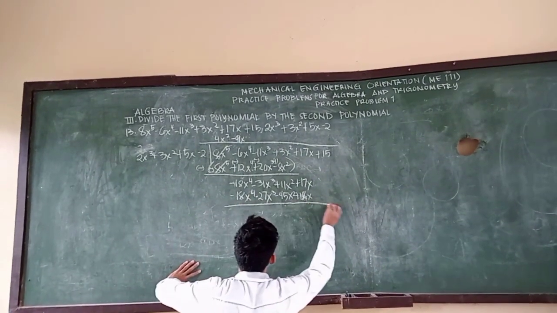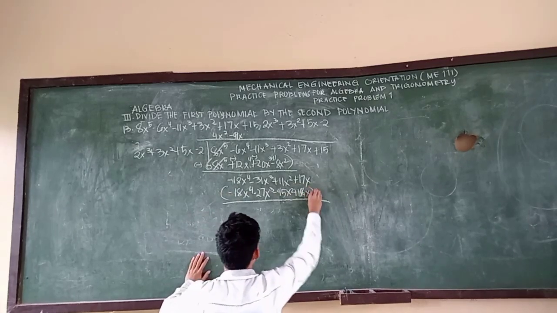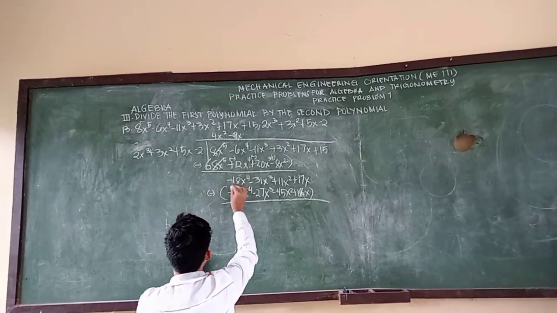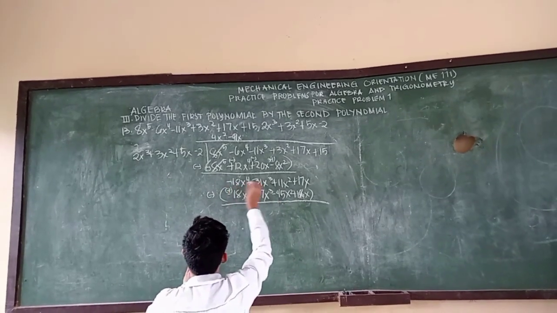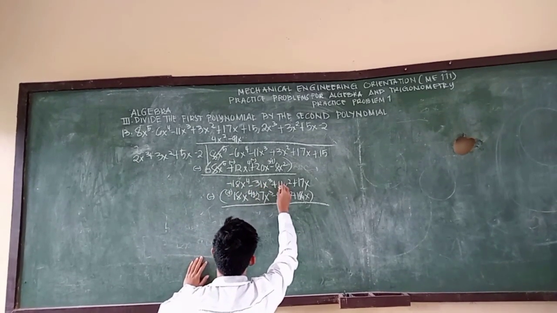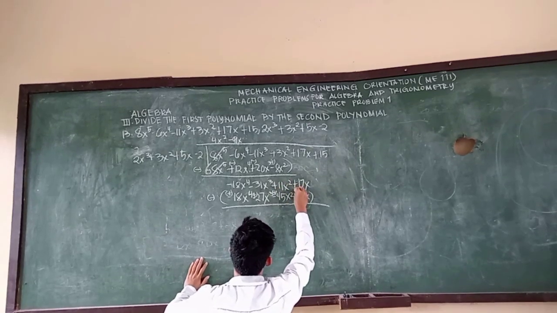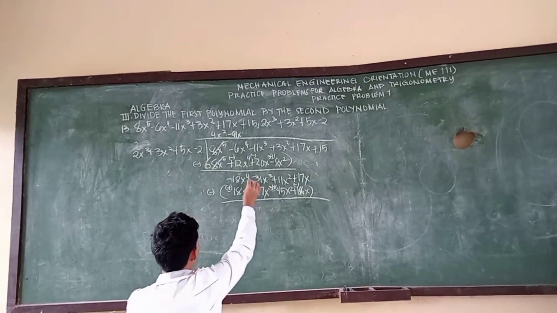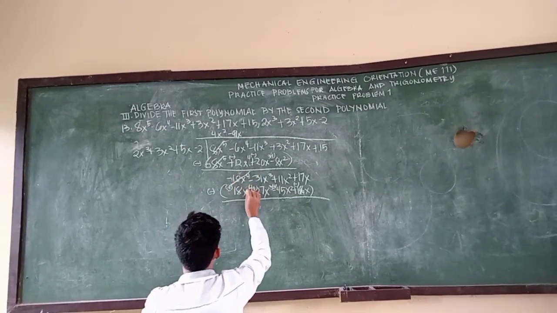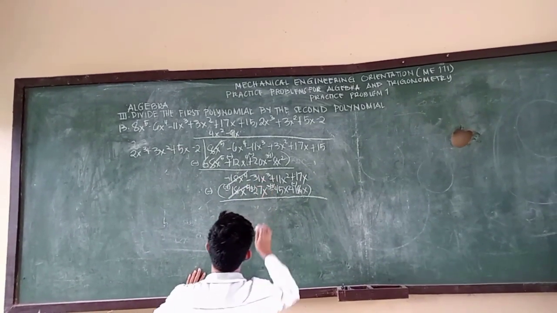And now we will subtract and then change every symbol in this equation. So it will be positive, positive, positive, negative. Negative 18x to the fourth plus 18x to the fourth cancelled.